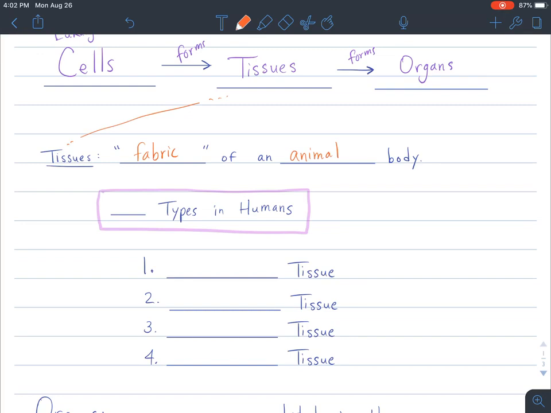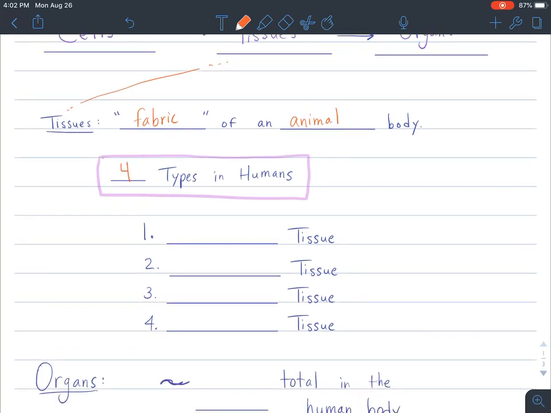You need tissues in order to make the pancreas and the stomach and all the other parts of the animal. In humans, though, we have 4 different types of tissues. And so the first type of tissue that I'm going to define is nervous tissue. Now, this doesn't mean you're nervous to go step in front of a bunch of people, but it means like your nervous system. So this is things like your brain or any of your nerves, like those things that run down your spinal cord.